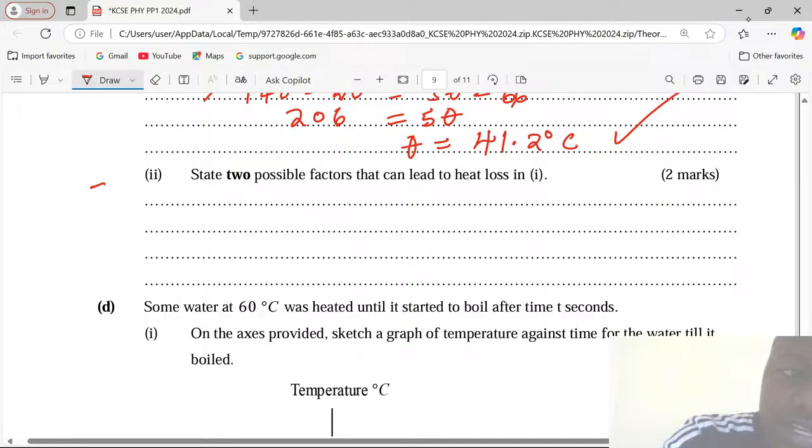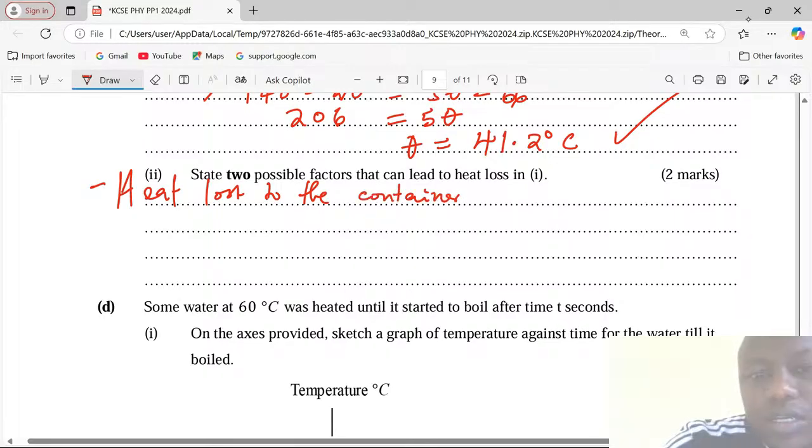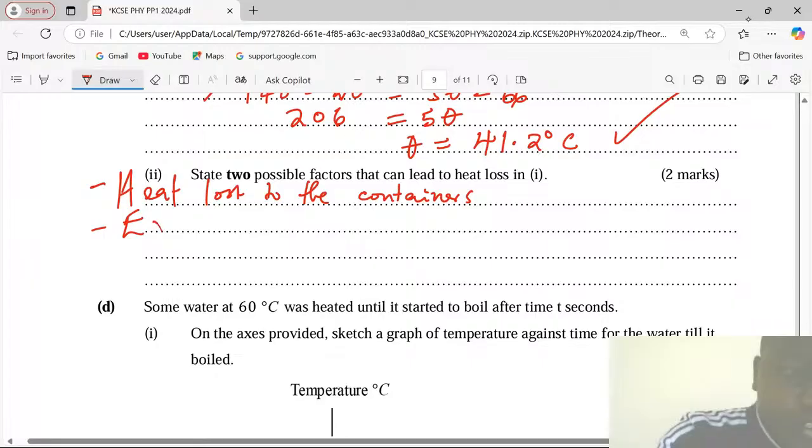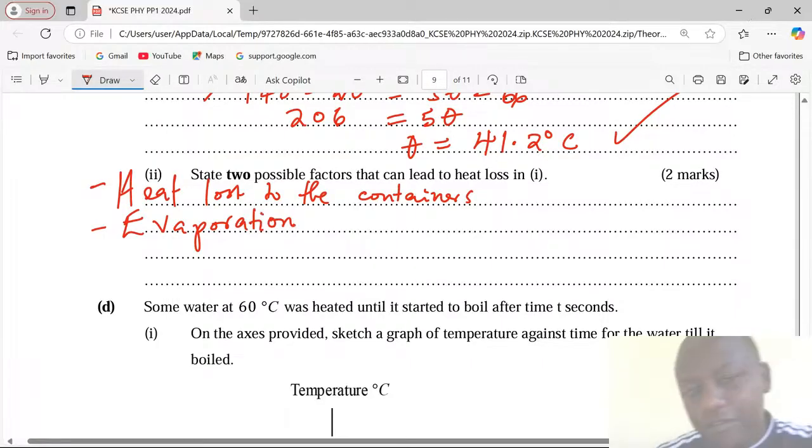So heat lost to the containers having both the cold and hot water. During that transaction, you can have evaporation. As you transfer, you can have another mode of heat loss that can be evaporation.